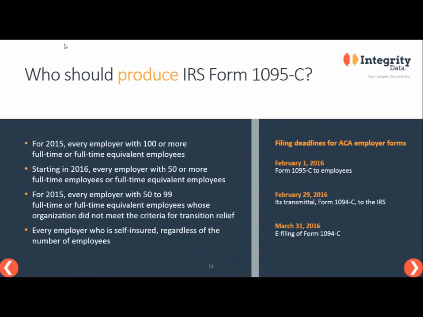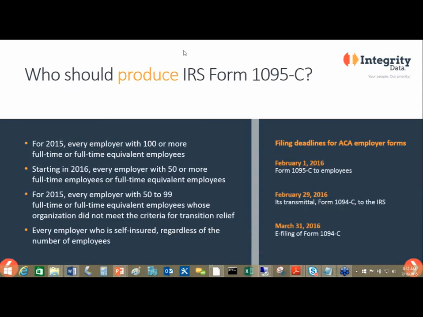So who has to produce a 1095C for this year? Well, for 2015, every employer with 100 or more full-time or full-time equivalent employees must produce Form 1095Cs. Starting in 2016, it goes down to 50 or more full-time or full-time equivalents.